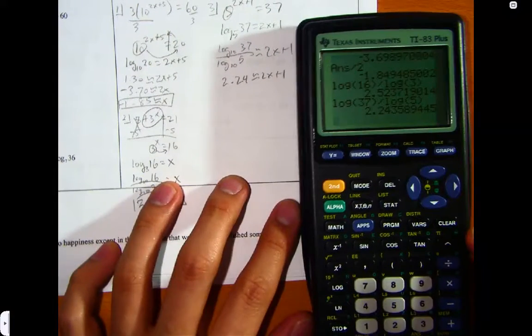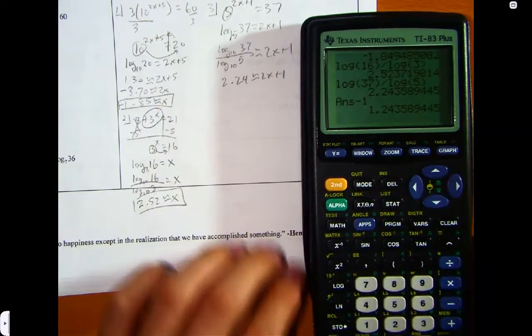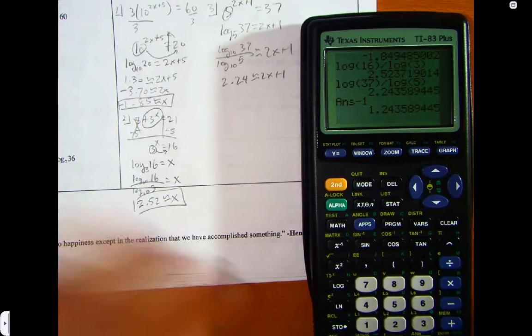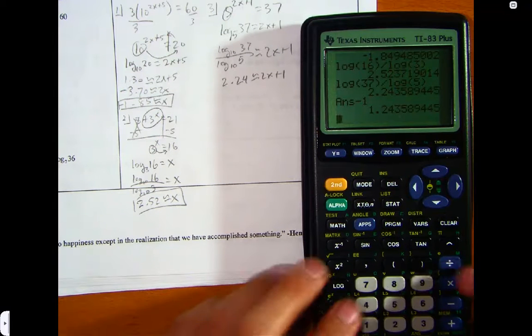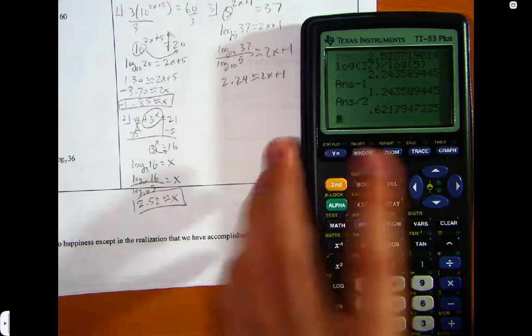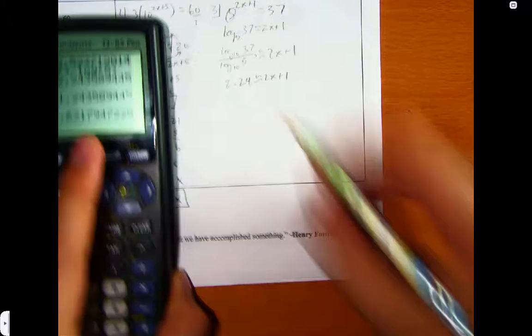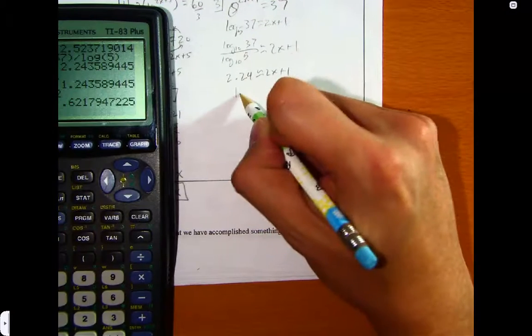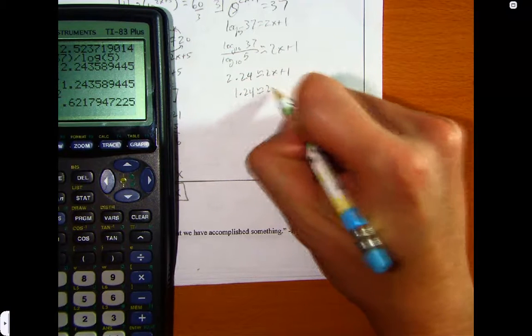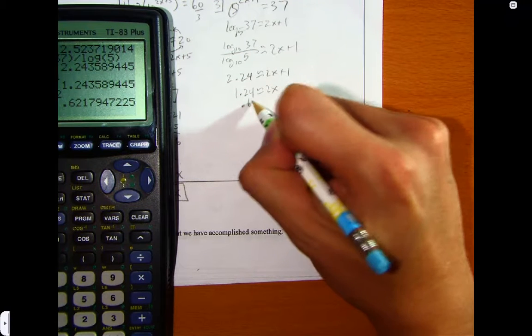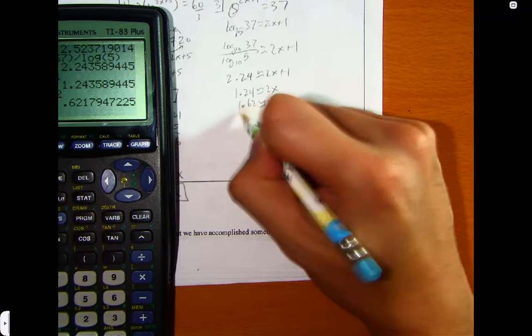And I'm going to do the rest on my calculator. Algebra 1. So I'm going to subtract 1, hit enter. So I get 1.24. And then I'm going to divide by 2. And that's my answer, 0.62. So subtract 1 on both sides, 1.24, divide by 2, so 0.62 approximately equal to x.